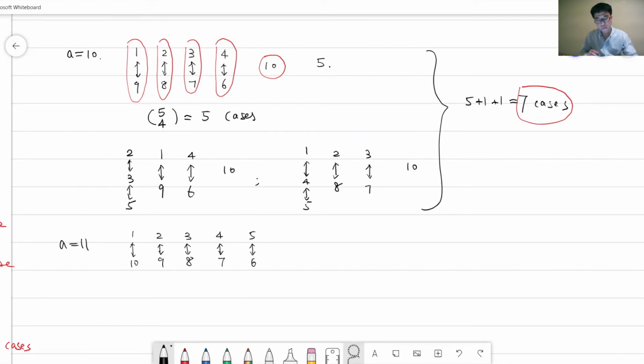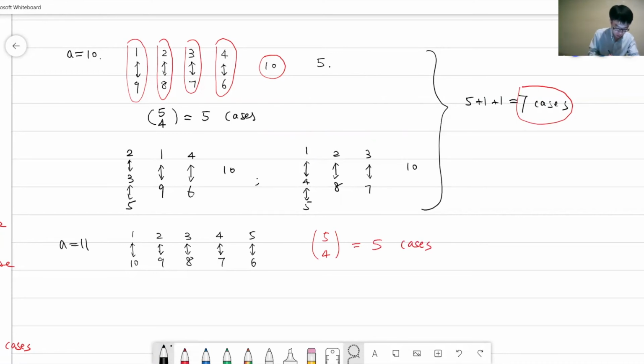So we just have these 5 pairs, and then we choose 4 of them to form a square. So 5 choose 4 equals 5 cases.